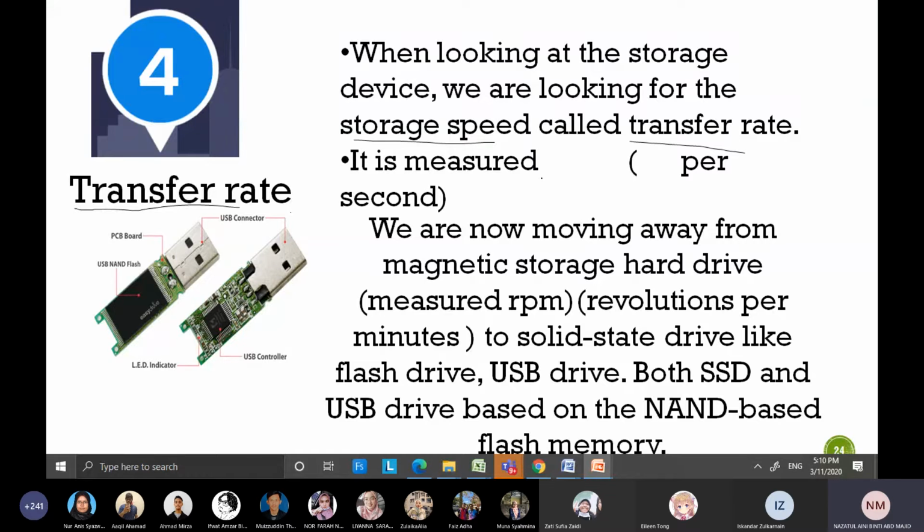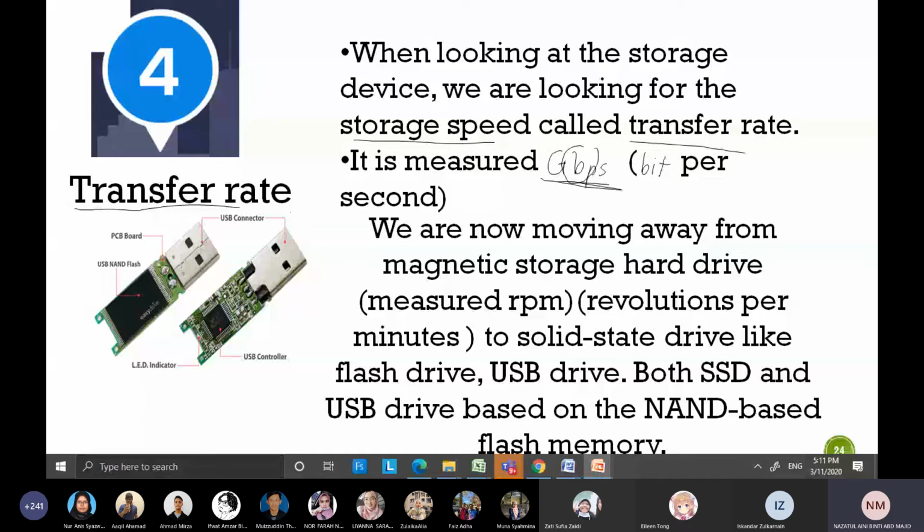So how is it measured? If it involves data, usually we measure in bps, where b stands for bit: bits per second.